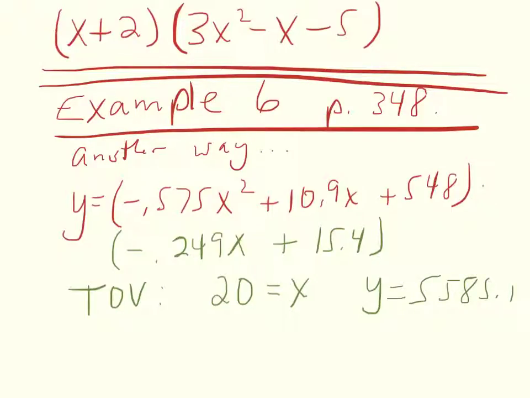However, remember from this problem, always double check your units here. These W values were in thousands, so this is actually in thousands. So our actual answer here is 5,585. Now we move the decimal place 3 places to the right. There's 1, 2, 3.